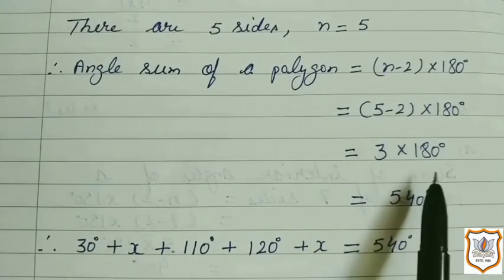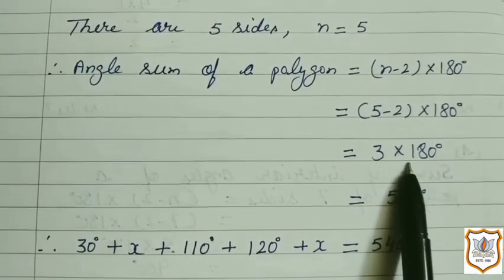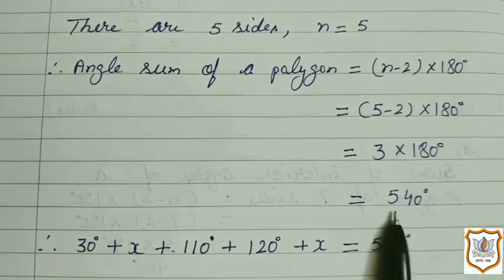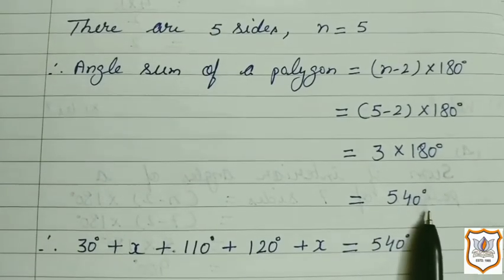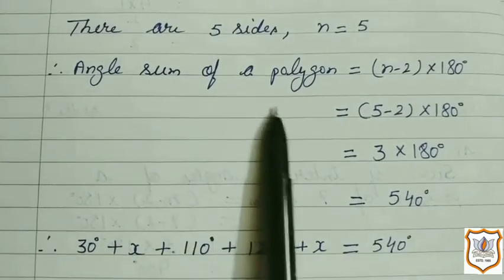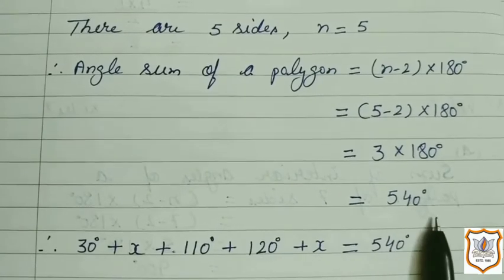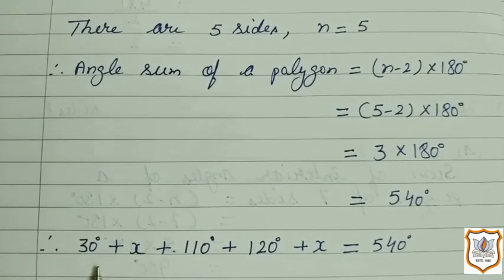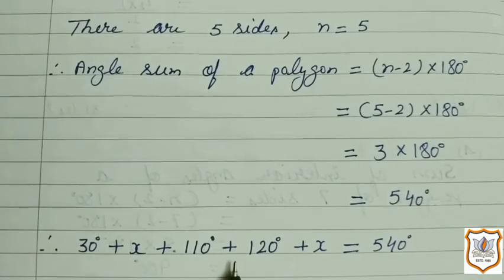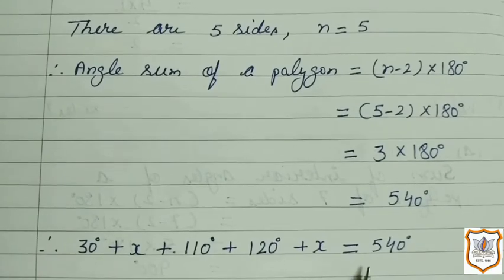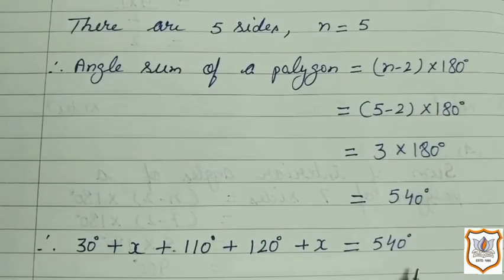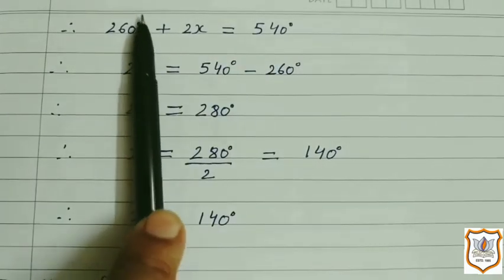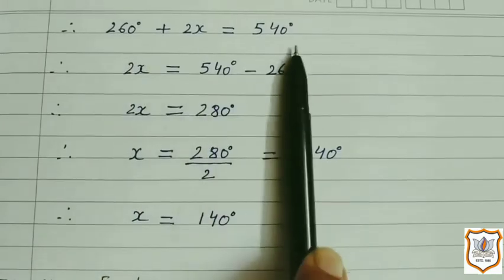5 minus 2 becomes 3. So we write 3 multiply 180. When we multiply 3 by 180, we get 540. So angle sum of a polygon is 540. Now we use 30 plus x plus 110 plus 120 plus x is equal to 540. We use transposition method and we shift 260 to right hand side.